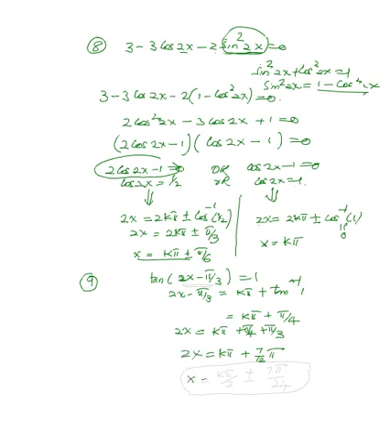So if I need x, I need to divide both sides by 2. So I have k pi over 2 plus 7 pi over 24. So this example will illustrate how we use the general solution to find x, or the variable, even if you have x within a function.